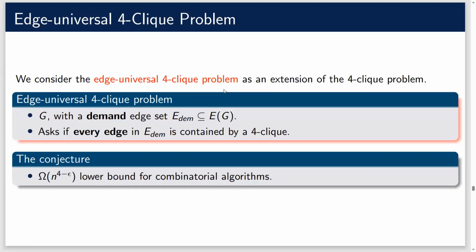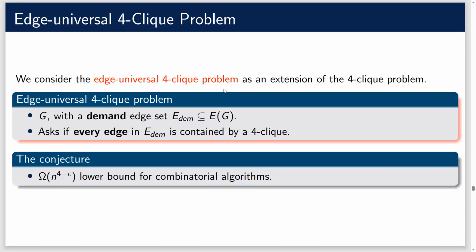The conjecture says that we also have an Omega(n^(4-epsilon)) lower bound for combinatorial algorithms for this problem. We note that here we ask for every edge instead of there exists an edge.